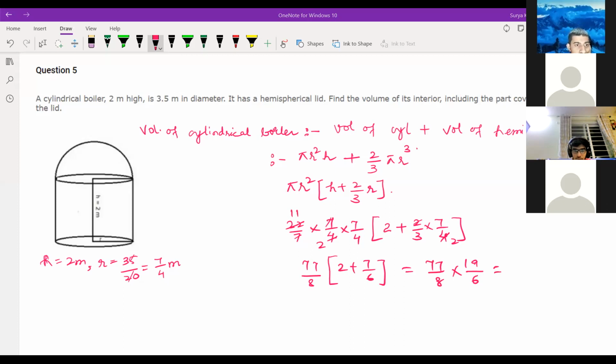So 77 by 8 into 19 by 6. This only is coming. If you multiply, you'll get 1463 by 48. Then you can divide and get the answer. That is 30.48 meter cube. Is it clear, children?